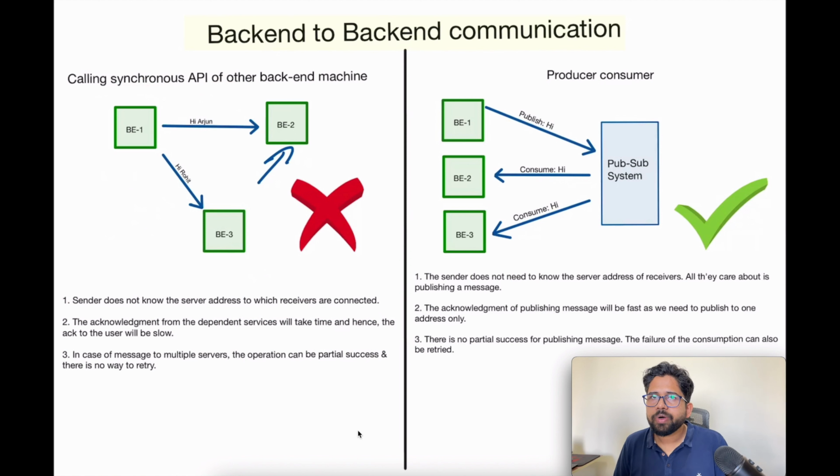Now, if we move towards backend machine to backend machine communication, then there are principally 2 options. One is the synchronous calls, and the other is asynchronous calls. The synchronous calls can be done using REST calls, gRPC calls, or even WebSockets.